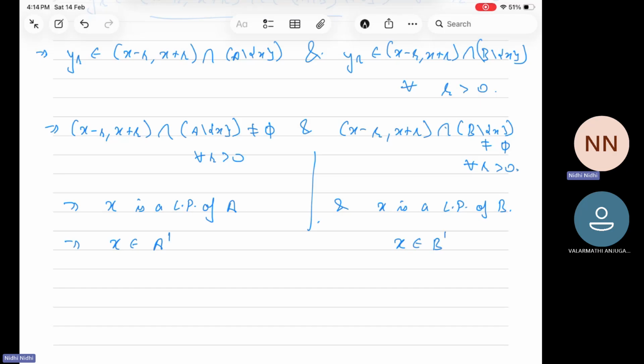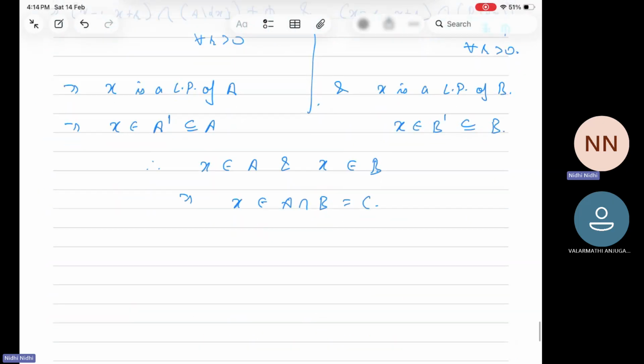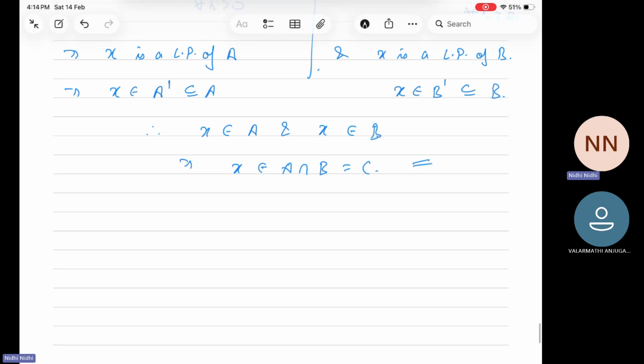Now since A and B are closed, A prime is a subset of A, and B prime is a subset of B. That means x belongs to A and x belongs to B, which implies x belongs to A intersection B, which is equal to C. So we started with an arbitrary point in C prime, and we landed at the point that x belongs to C, which implies that C prime is a subset of C, and hence C is closed.